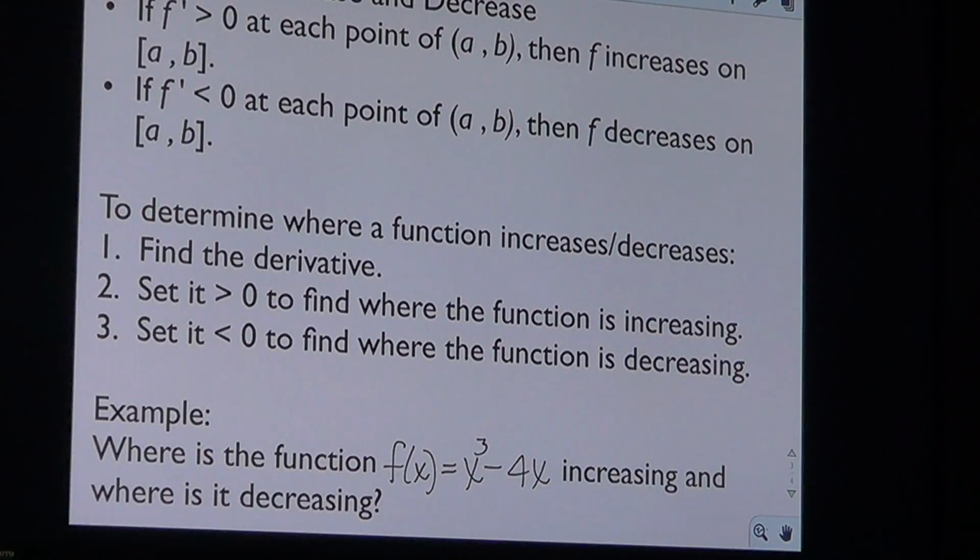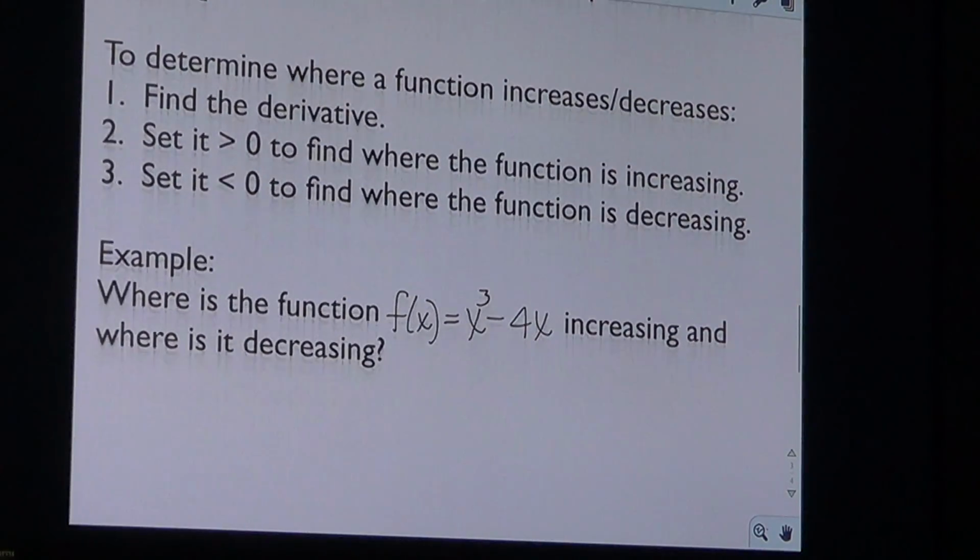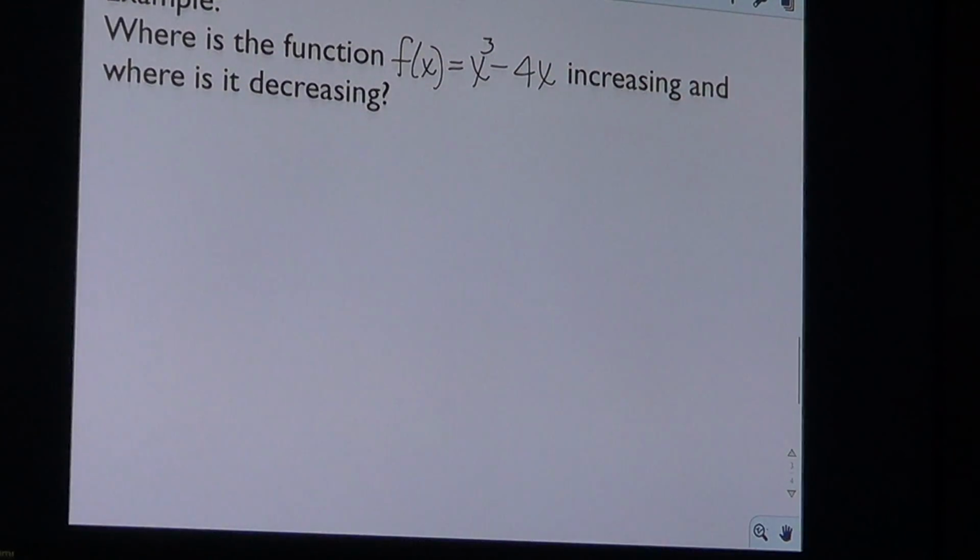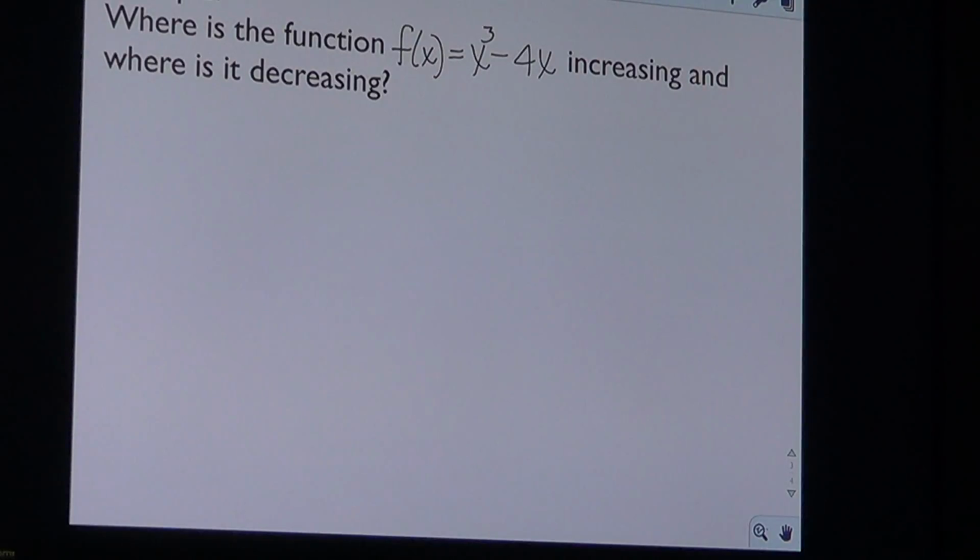So to determine whether that is the case, we're going to find the derivative and then set it greater than 0 to figure out where it's increasing, and then set it less than 0 to figure out where it's decreasing. So in this example, where is the function increasing and where is it decreasing?